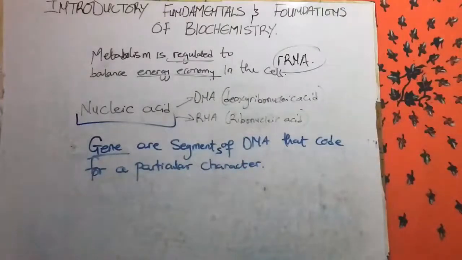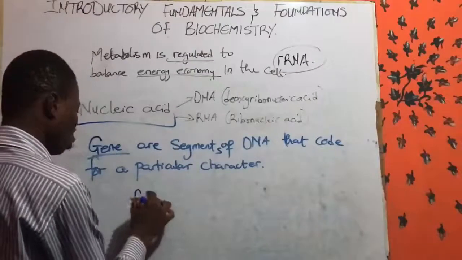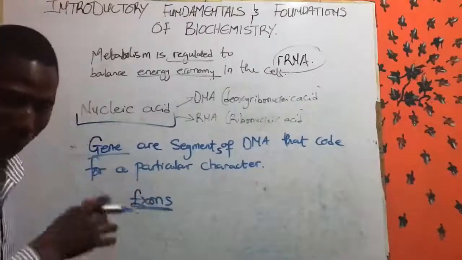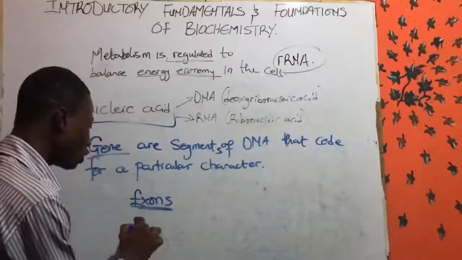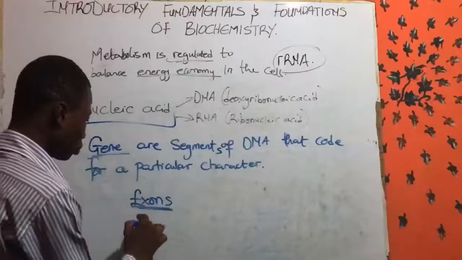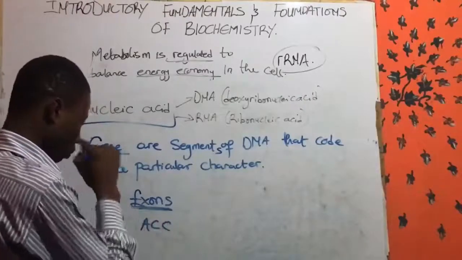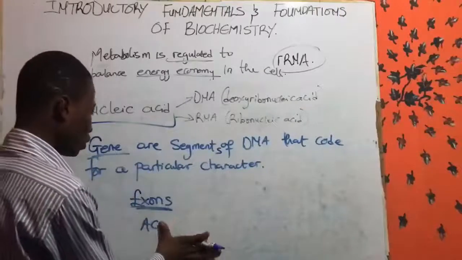In biochemistry, we have another name for calling genes. They are called exons. Now let me explain this better. In your DNA, let's say I have A, C, and so on.